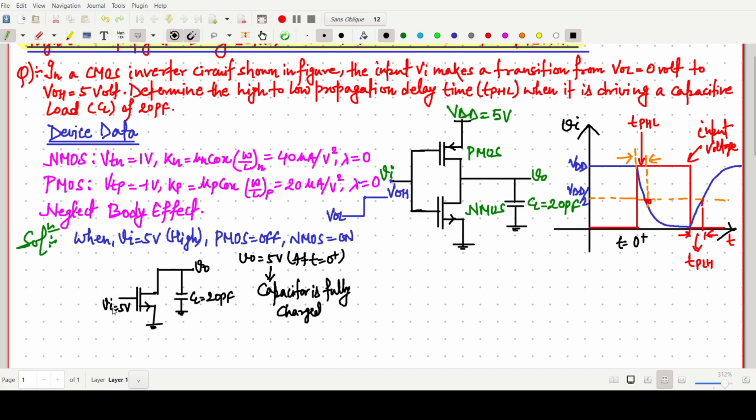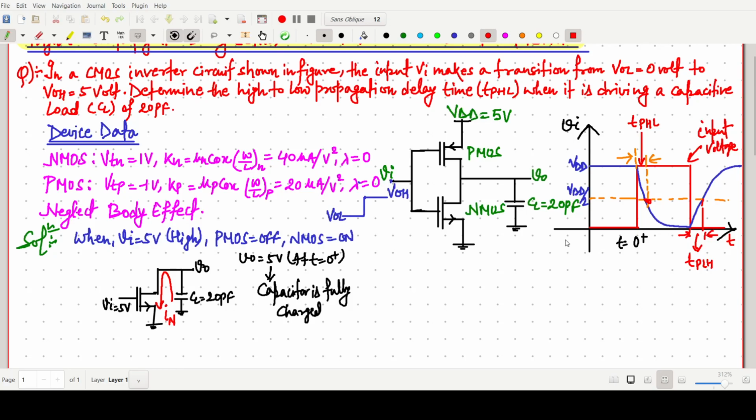Okay, and when it is just high, then this PMOS is off. So this one is the equivalent circuit, and then after the capacitor will start discharging through this NMOS network, and I am saying this current IN is flowing. Okay, and V naught value will be reducing gradually.